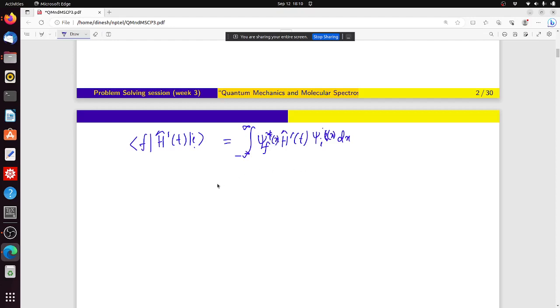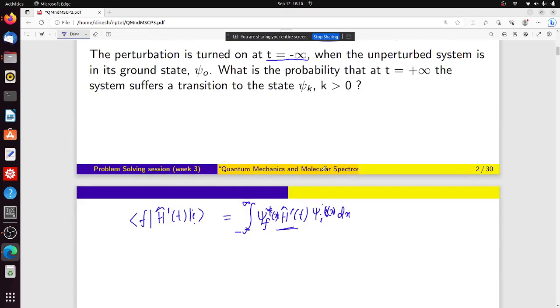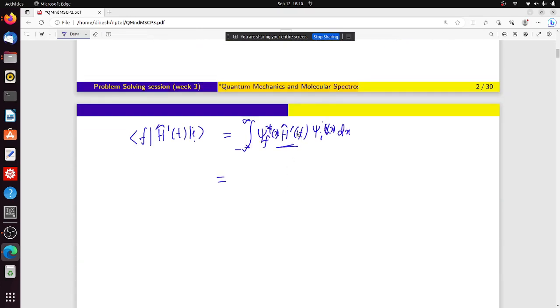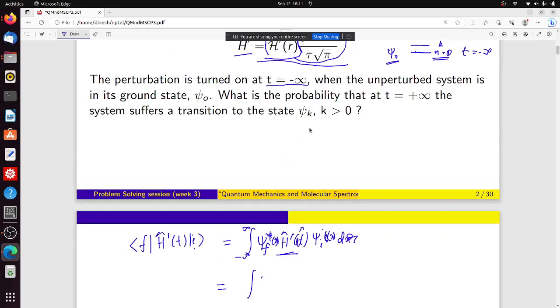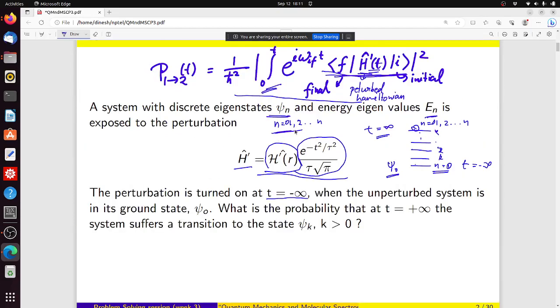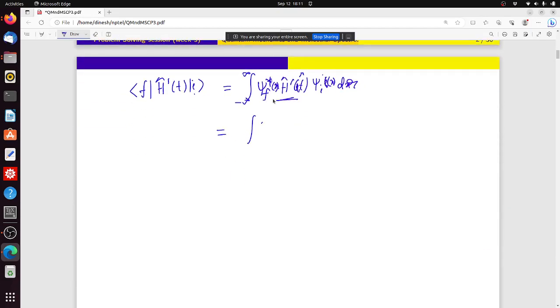This h prime is given, and it depends on r also, so let's write this as r. As the wave function is not given, we won't be able to calculate this integration.